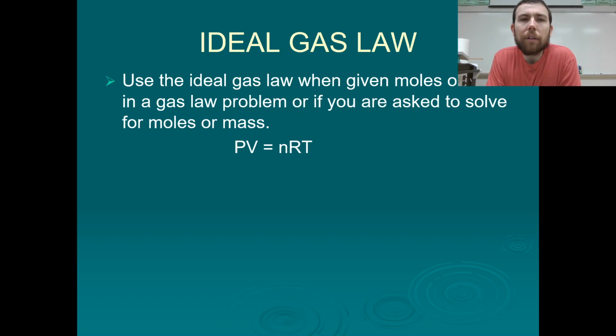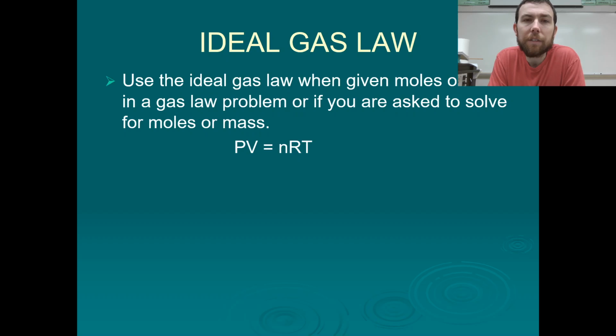Now, the ideal gas law is going to be extremely helpful when we're dealing with conditions when we're not at STP. We're going to use the ideal gas law when we're given moles or mass in a gas law problem, or if you're asked to solve for moles or mass of a gas.